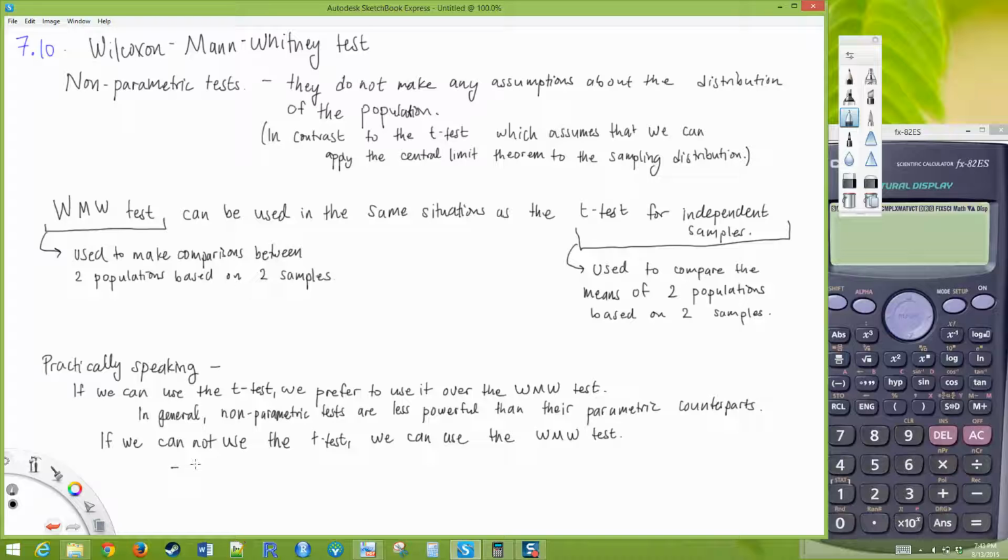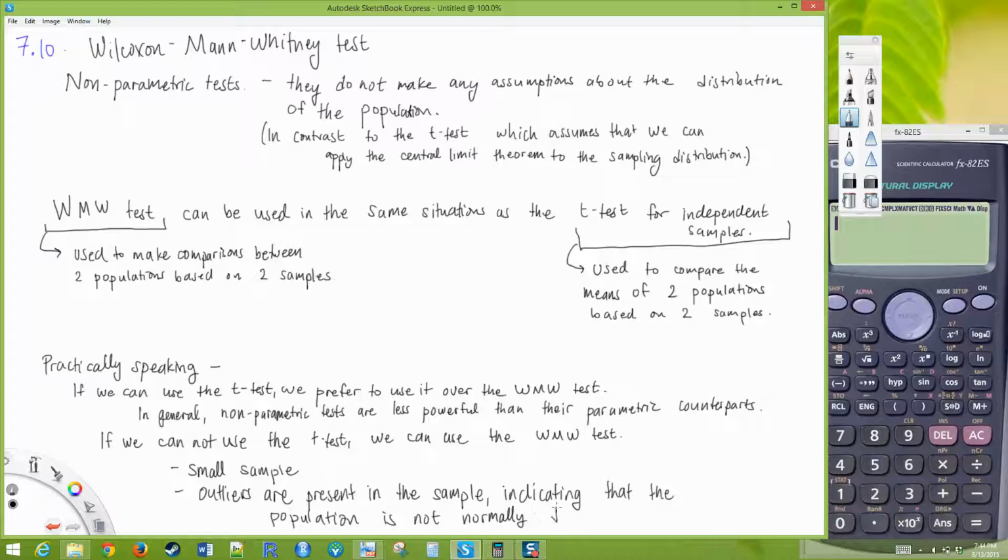Generally we have a small sample, and outliers are present in the sample, indicating that the population is not normally distributed.